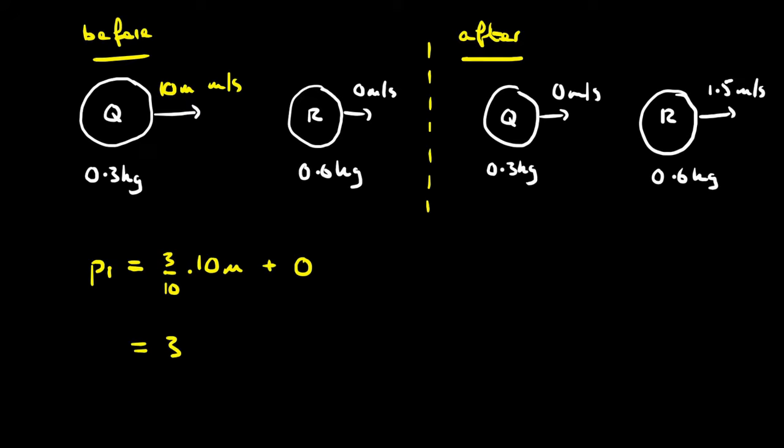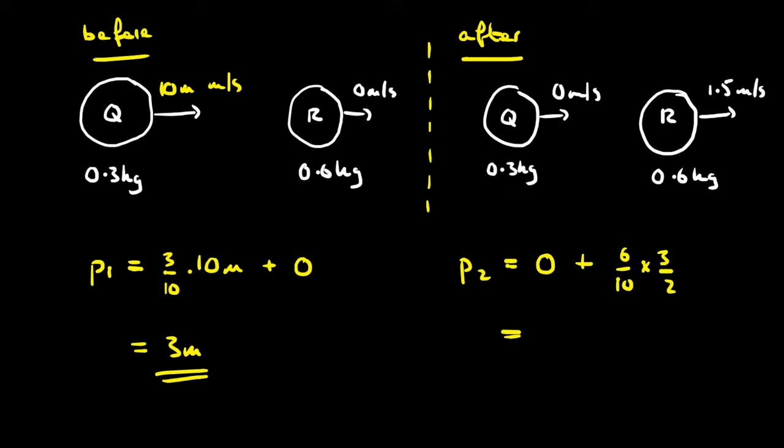So here we've got 3m. And the momentum after: the momentum of Q is 0.3 times 0, so that's 0, plus the momentum of R, which is 0.6 or 6/10, times 1.5, which is 3 upon 2.